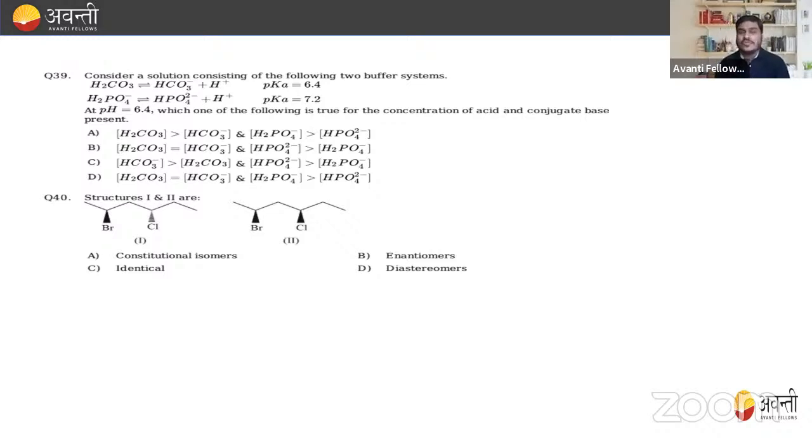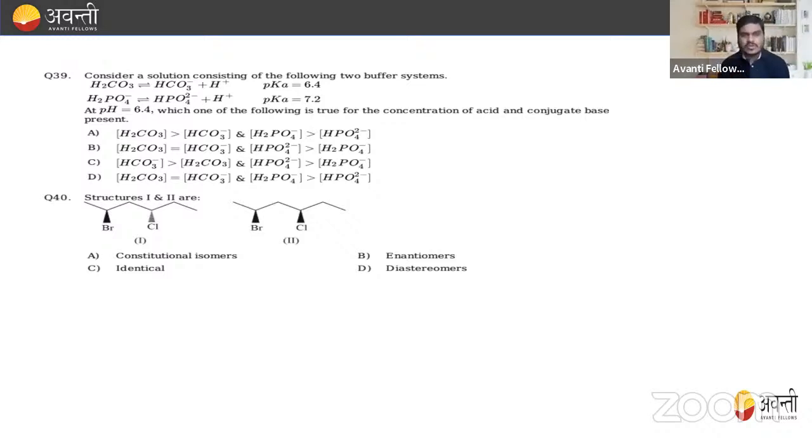When the pH becomes 6.4, which one of the following is true for the concentration of acid and conjugate base present? So you have to calculate which of these four options is true about the concentration of acid and conjugate base when the pH becomes 6.4, right?